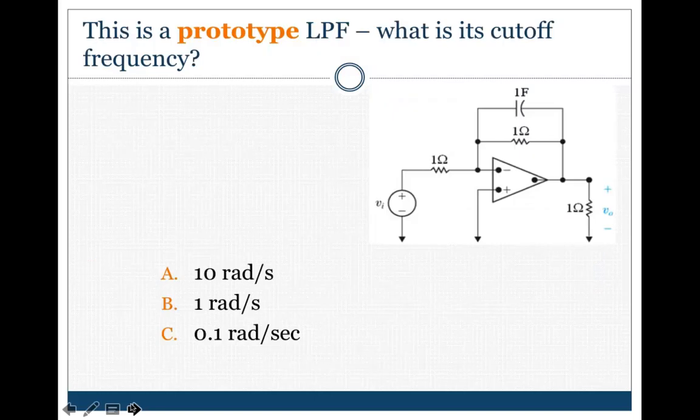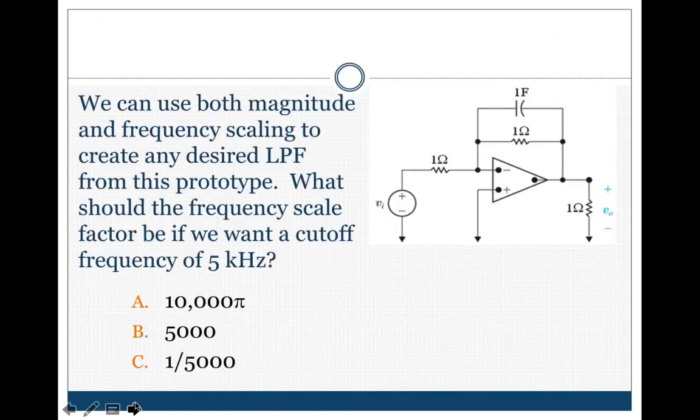All right, just to review a little bit, this is a prototype low-pass filter. What is its cutoff frequency? You can easily see here's our RC that's going to impact the cutoff. And so omega naught is 1 over RC, so omega naught here is 1 radian per second. Here we can use both magnitude and frequency scaling to create any desired low-pass filter from this prototype.